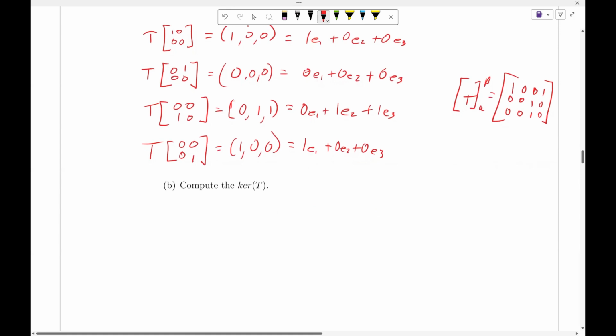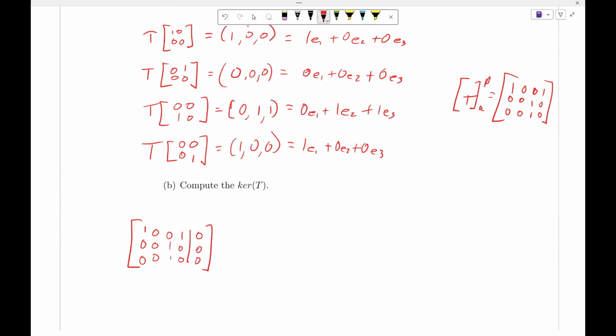To compute the kernel, we're going to use this matrix that we just created to create an augmented matrix that we set equal to 0, and we're going to set it equal to the 0 vector. The solutions to this homogeneous system of equations can be used to generate the kernel.